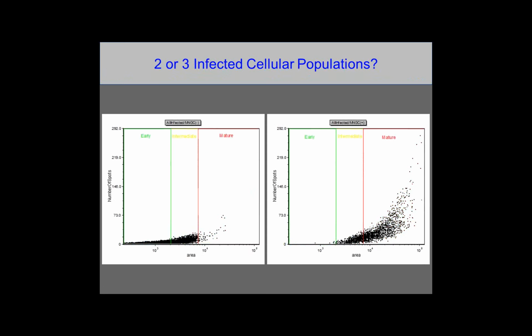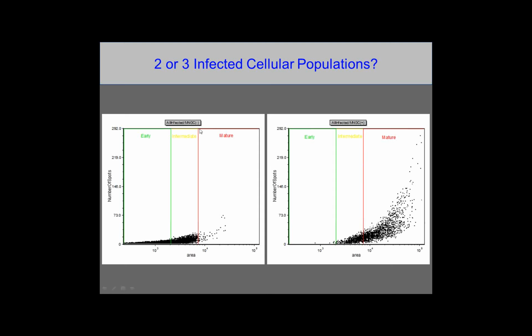So to get a better look at this region and the behavior of the two populations, we now created two new dot plots. Here I'm again plotting area versus number of spots, but this time I'm plotting the two populations separately.